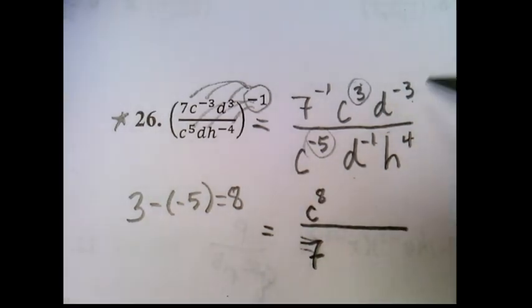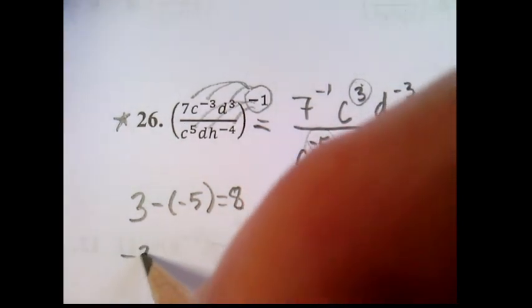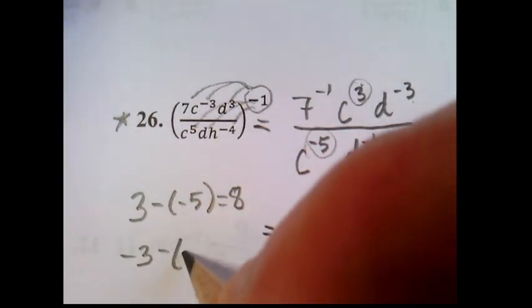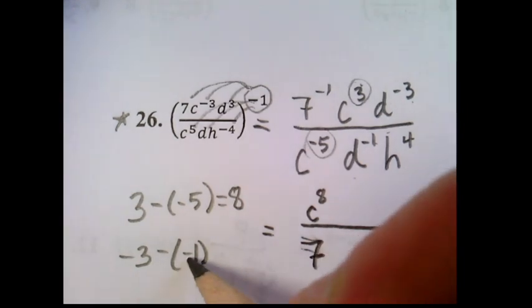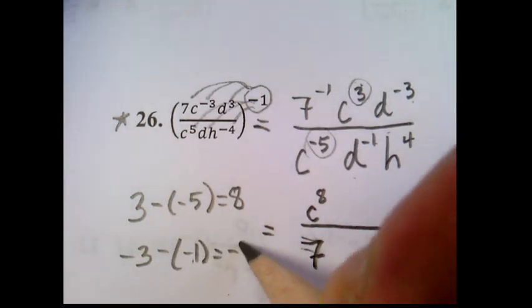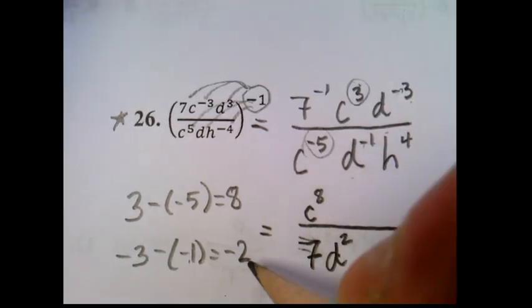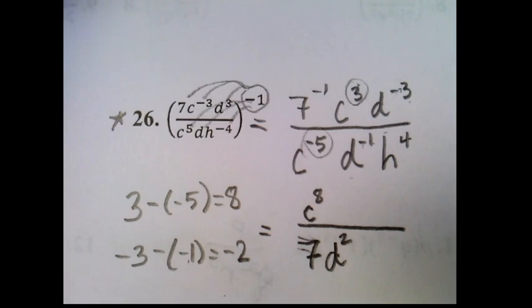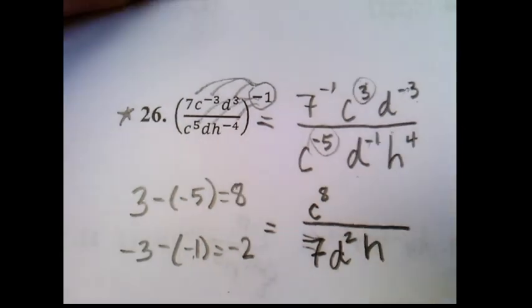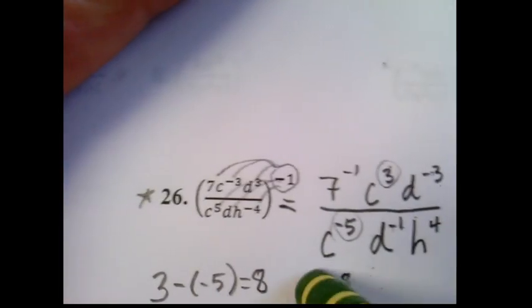D to the -3rd minus -1. Well, -3 plus 1 is -2. So in the end, this d is going to go down, d to the 2nd, because it was a -2 initially. And then h to the 4th, there's nothing that happens on that one. And so I'm just going to clean this up just a little bit.